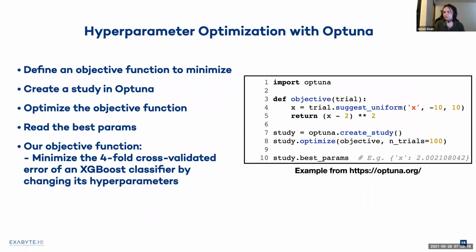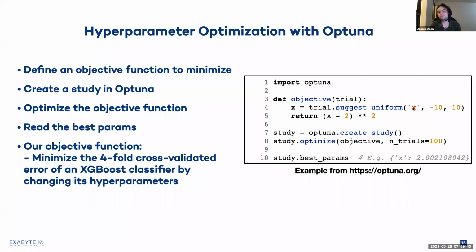It's very easy to use Optuna, despite the complexity of what it's doing. Here's a 10-line example from the Optuna website where we import Optuna. We define our objective function and give it a trial. This trial is supplied by Optuna, and its purpose is to pull from a random distribution that's defining our hyperparameters.